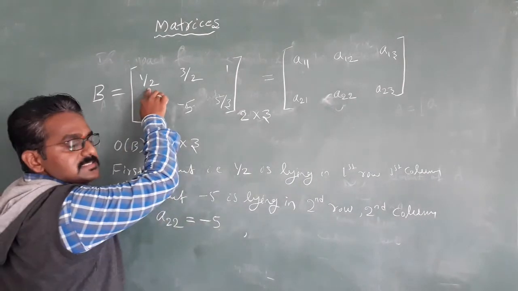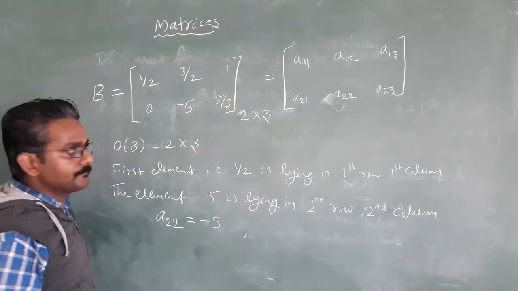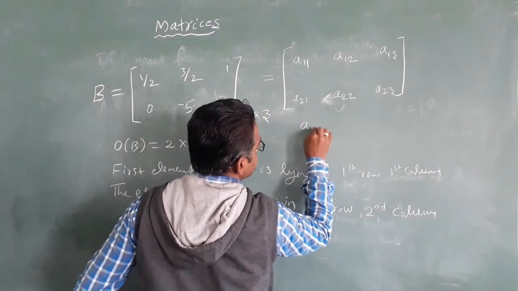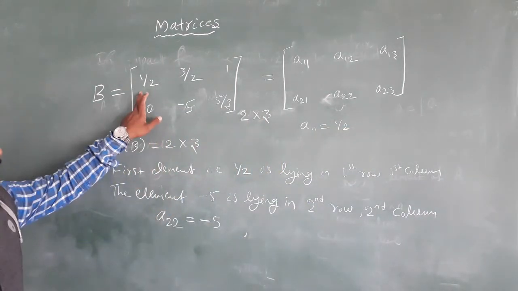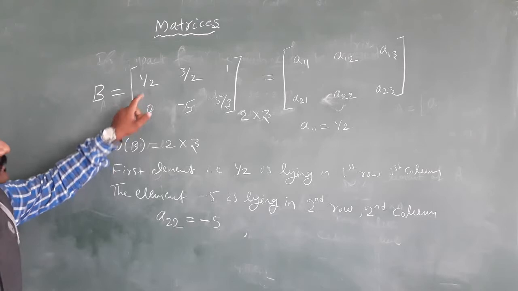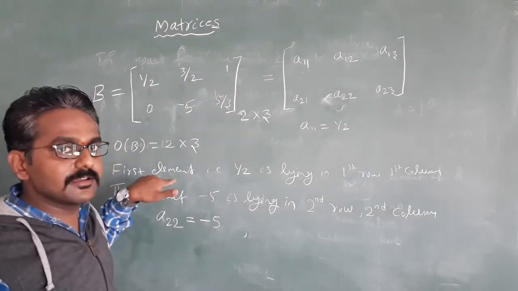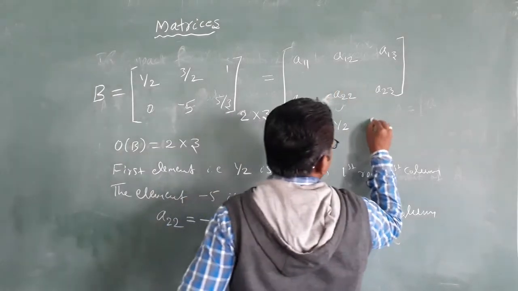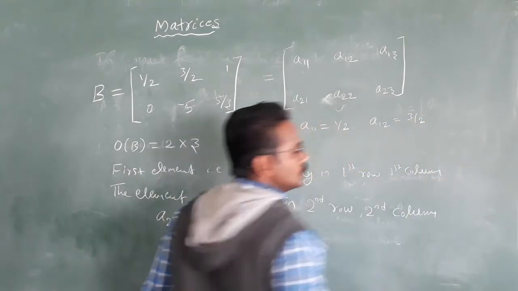1 by 2 lies in the first row, first column, a11. So matrix B has a11 as 1 by 2. Next, 3 by 2 lies in the first row, second column. What does it denote? a12. So that is 3 by 2.